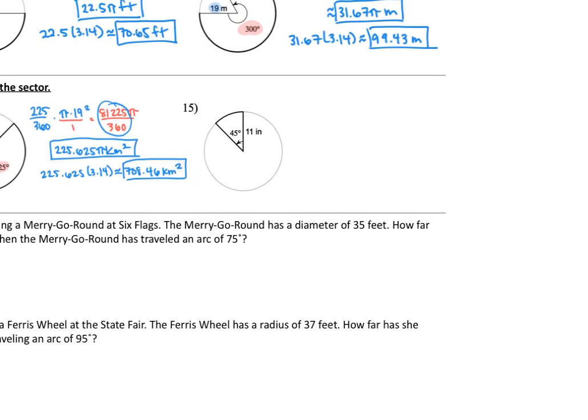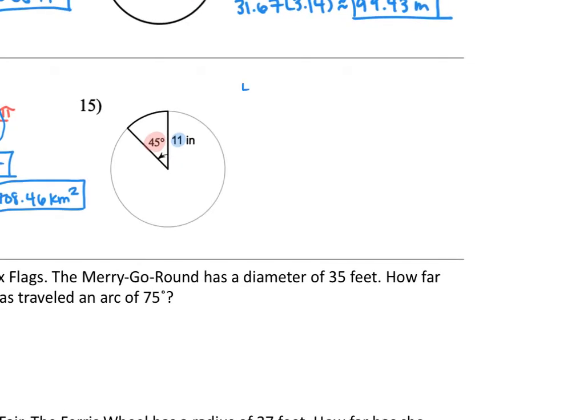Okay, number 15, we have our central angle and we have our radius. Plugging into our formula here, it's going to be 45 over 360, that's the fraction of the circle, times pi times 11 squared, that's the total area. Then we multiply straight across, so 45 times 11 squared is 5445 pi over 360. And then we divide.